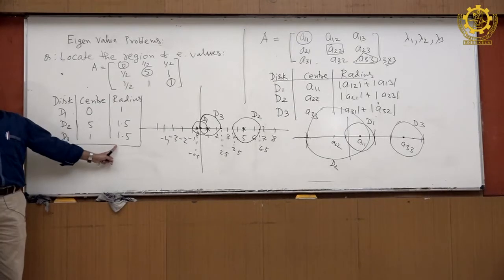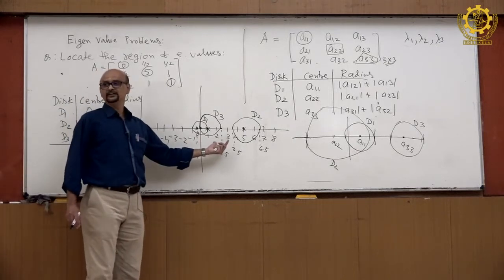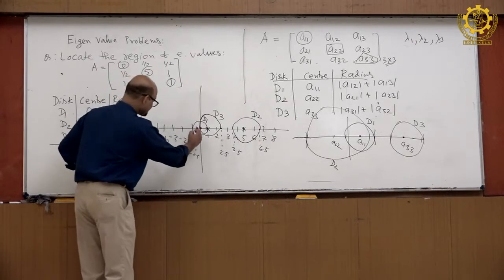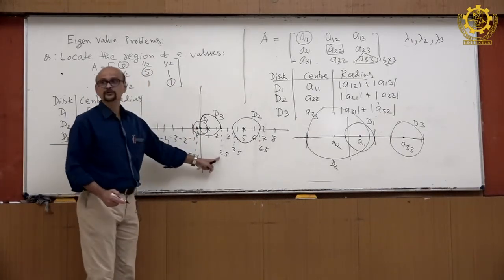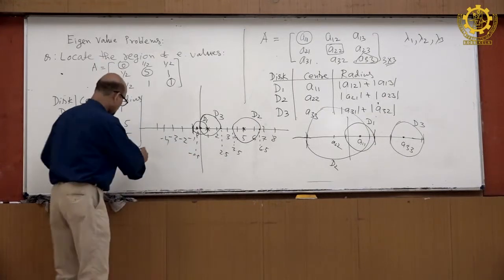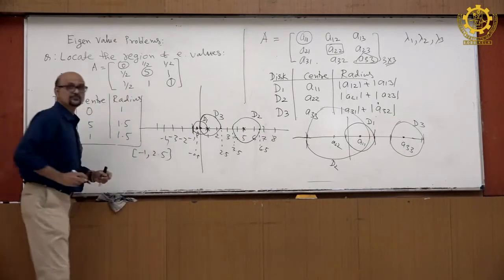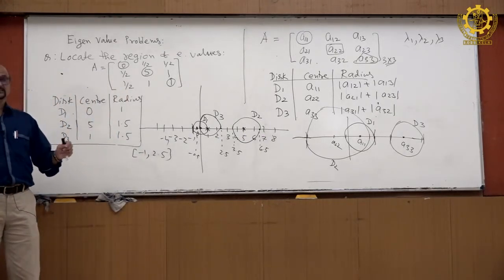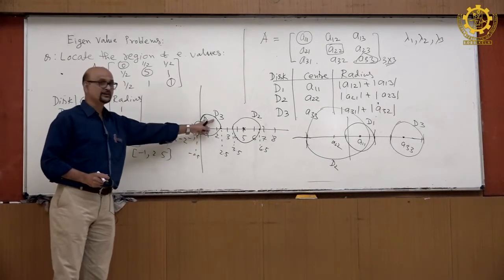Understood? Now, your two eigenvalues will lie in D1 union D3. So, maybe this is from -1 to 2.5. This is one interval where your eigenvalues should lie, D1 union D3.